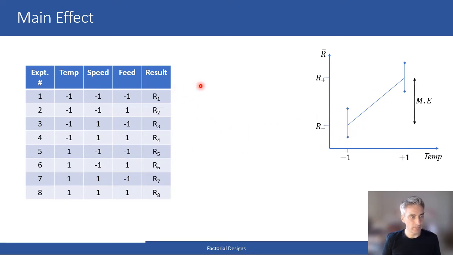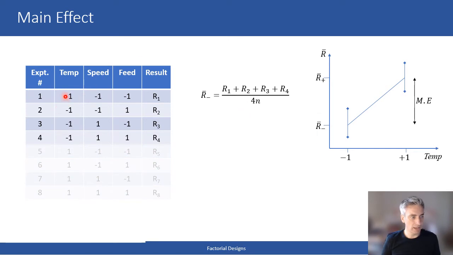So for example, if I wanted to see the average effect of temperature, I would just look at all 4 results when the temperature is low, and calculate the mean value of the roughness when the temperature is low. There's an n here. N represents the number of samples that you take to get each of these results.